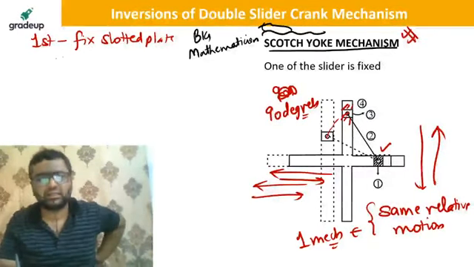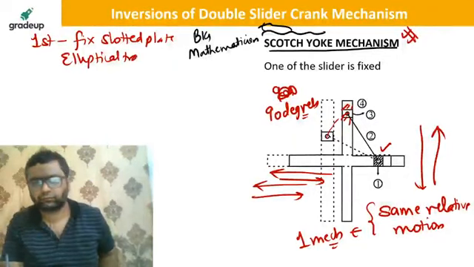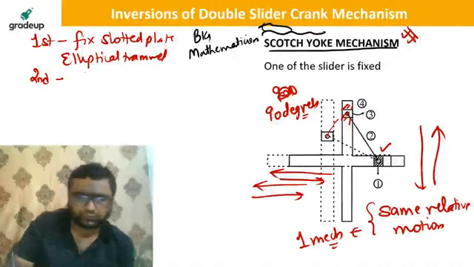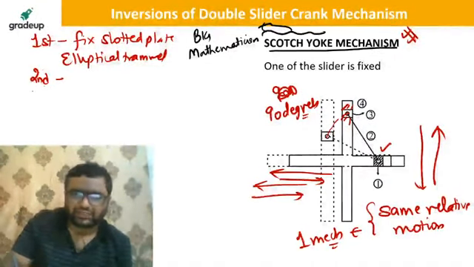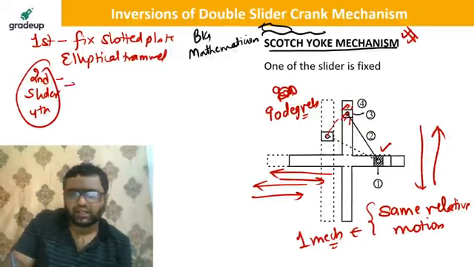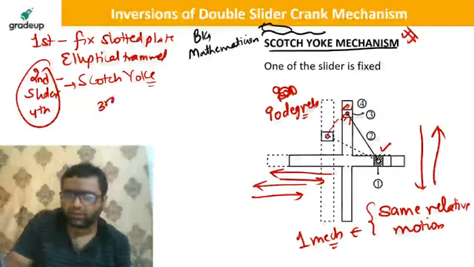It is the elliptical trammel. When the second link was fixed, which is the slider, or the fourth link was fixed, both being sliders, you will get the Scotch yoke mechanism only. Now we are left with the third link only, which is the coupler. If it is fixed, you are going to have Oldham's coupling.